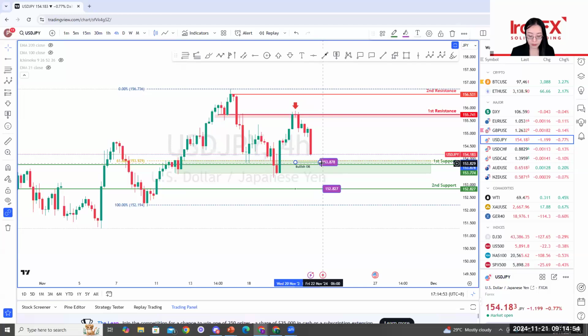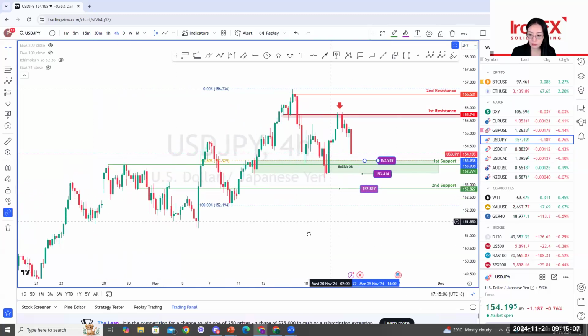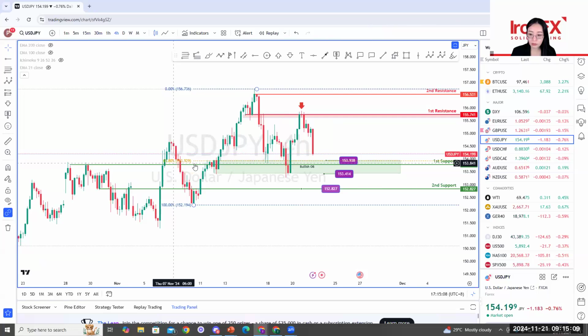So the price would be, I will give you the, okay, don't change the color, so you guys can see this one. And the second support, I refer to this low, should be 38.2 here for the first support.